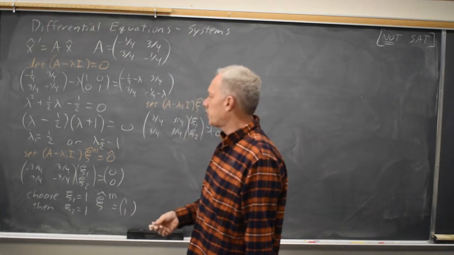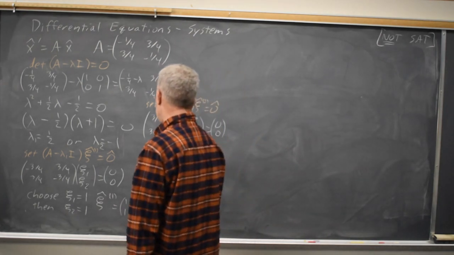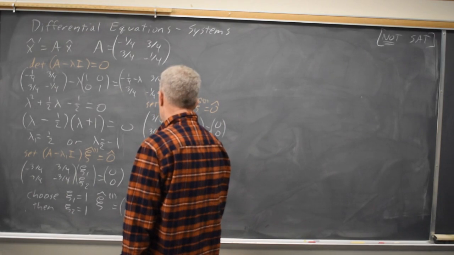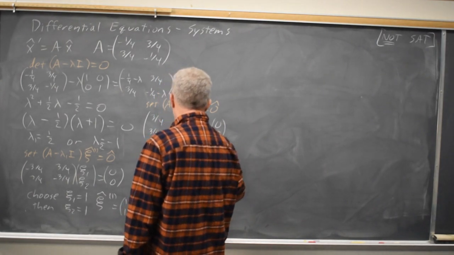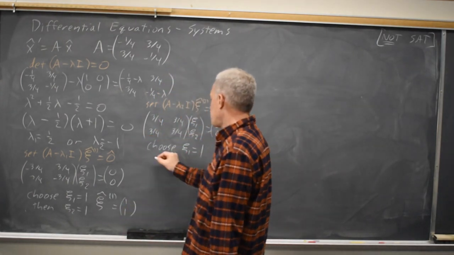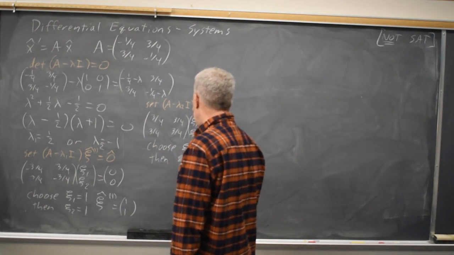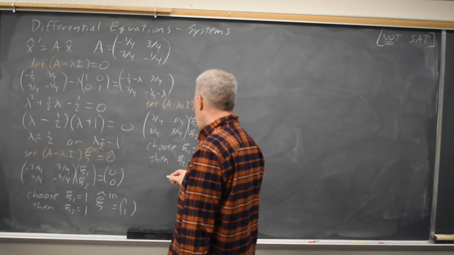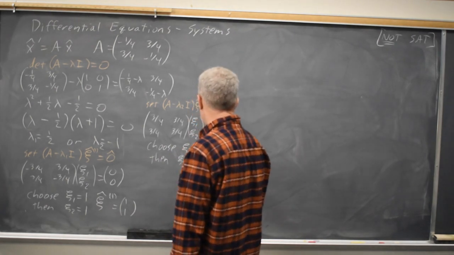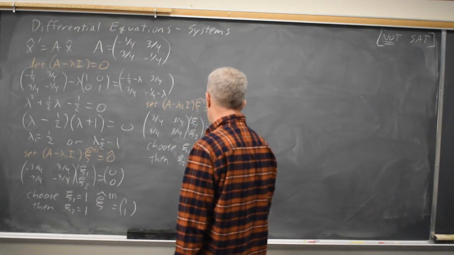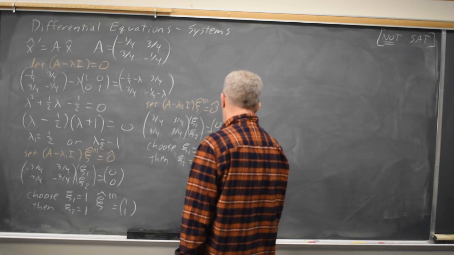If we choose a value for C1, and I'm going to choose 1 because that's easy to work with, then C2 is negative 1. And my second eigenvector is the vector 1, negative 1.